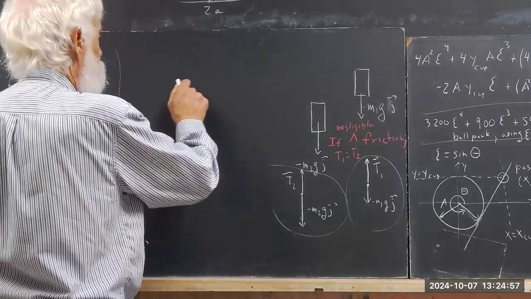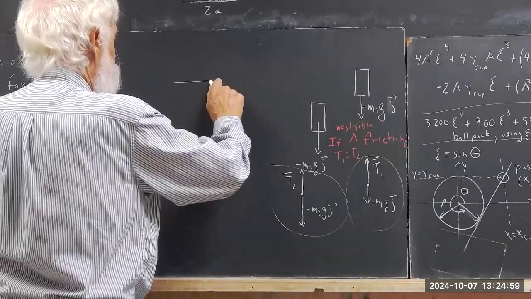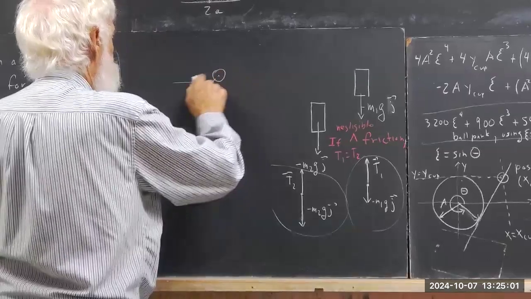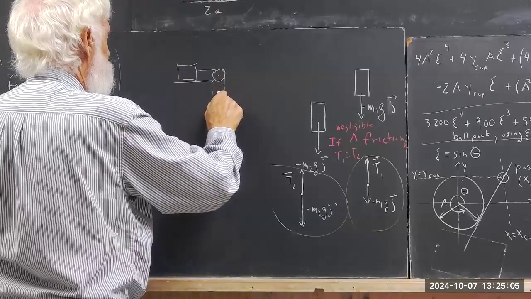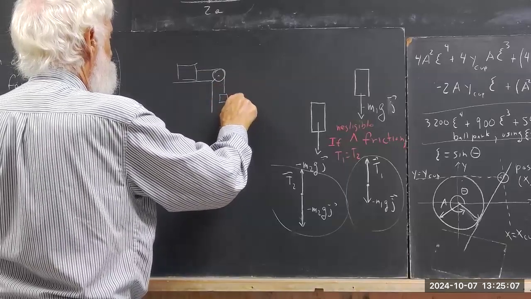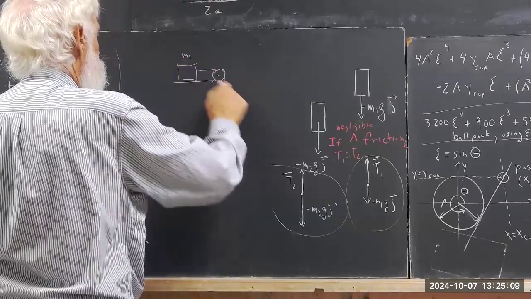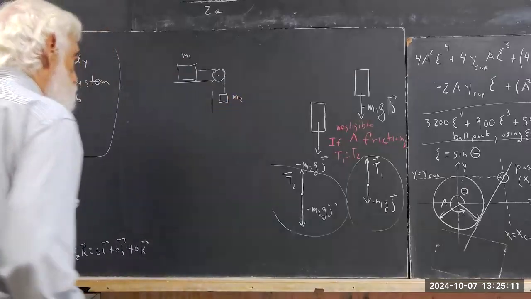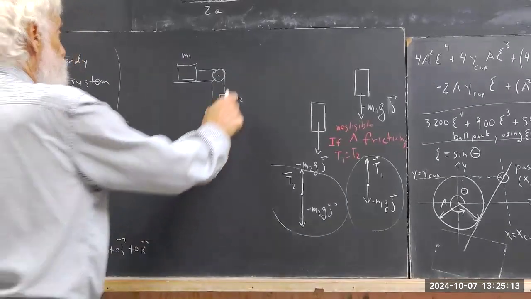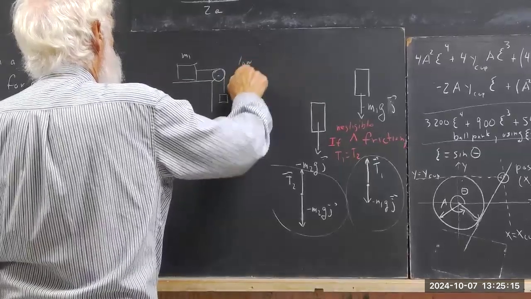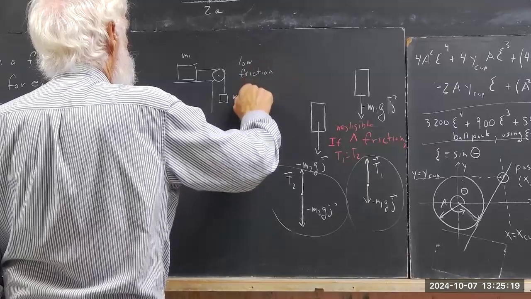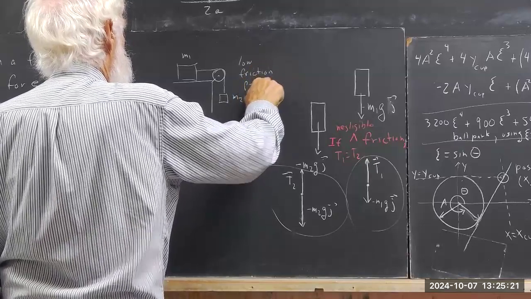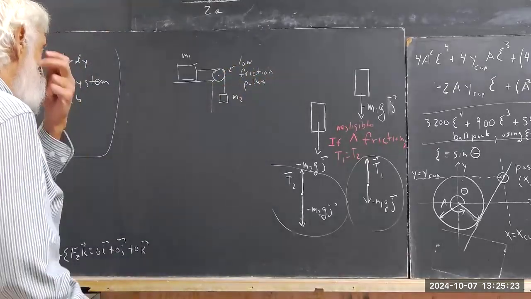Once we had a situation like this, what if you've got a mass here and a mass here, with a low friction pulley?